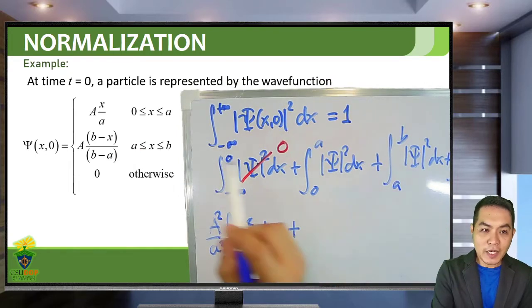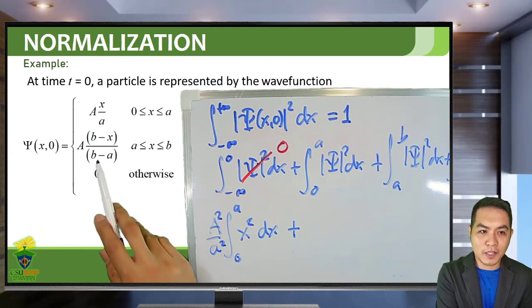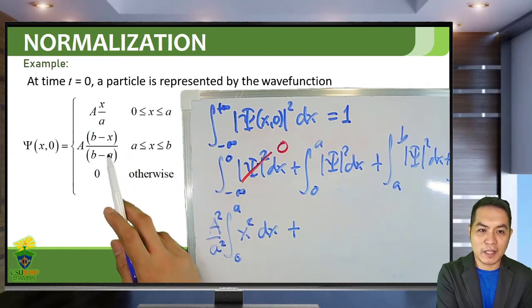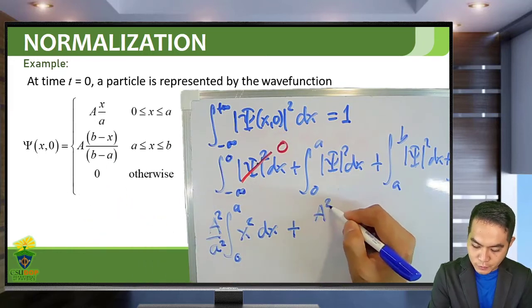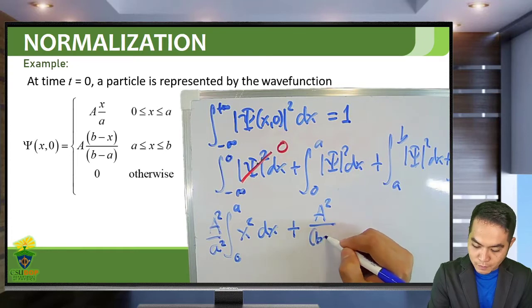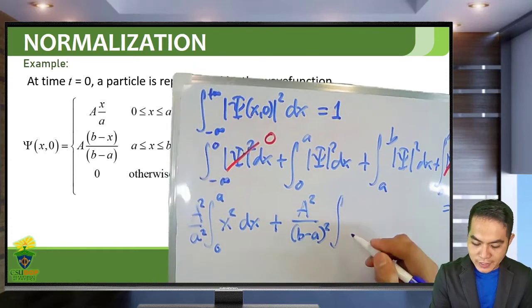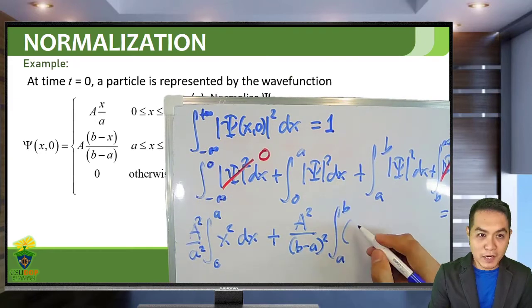For the second interval, this is our wave function. You square that one. Since it's just real, no need to take the complex conjugate and multiply it by itself. The constants here are A squared over (b minus a) squared. And inside the integral from a to b will just be (b minus x) squared.